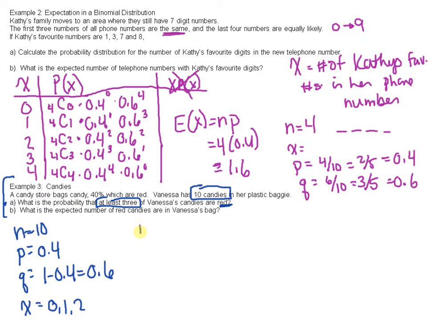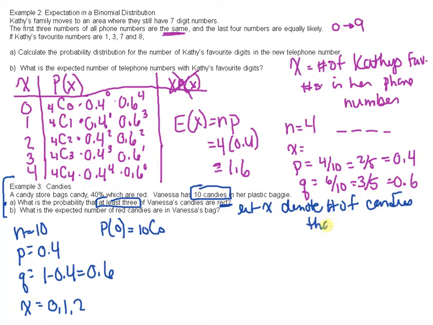So let's do 10 choose 0, and this is going to be the probability that 0 are red. Okay, let X denote the number of candies that are red. So 10 choose 0 times the probability of a success, 0.4, and you have 0 successes, 0.6, and you have 10 failures.